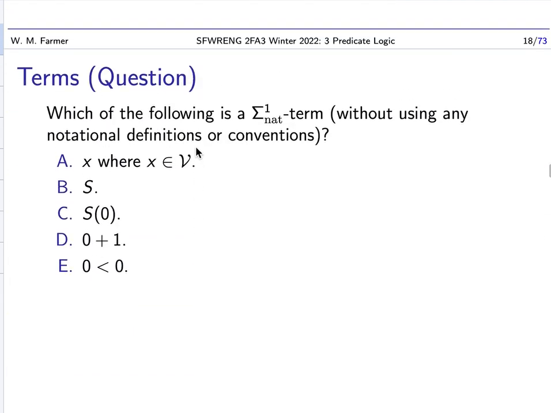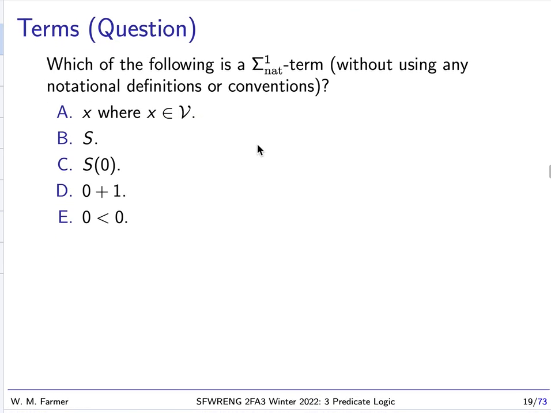Okay, so which of the following is a term of sigma 1 nat? The way I was writing this should really be changed to "a term of sigma 1 nat." And we're not using any notational definitions and conventions. We haven't talked about those yet. So take a moment, think about which of these is a sigma 1 nat term.